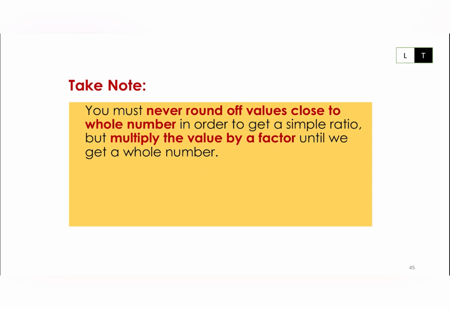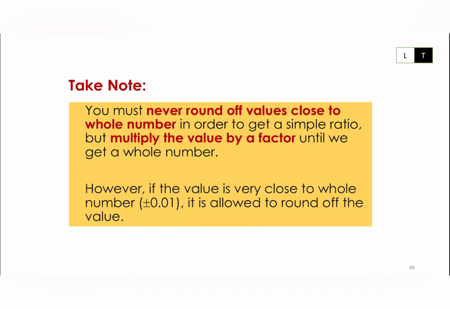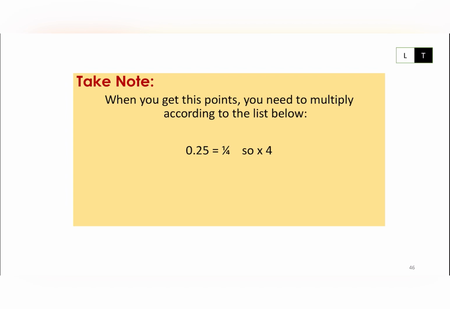Instead, you have to multiply the value by a factor until you get the whole number, and that value must be close to the whole number by a difference of plus or minus 0.01. So how can you understand more about this? Let's take this as an example. When you get to this point, for example, I got 0.25. This is 1 over 4.